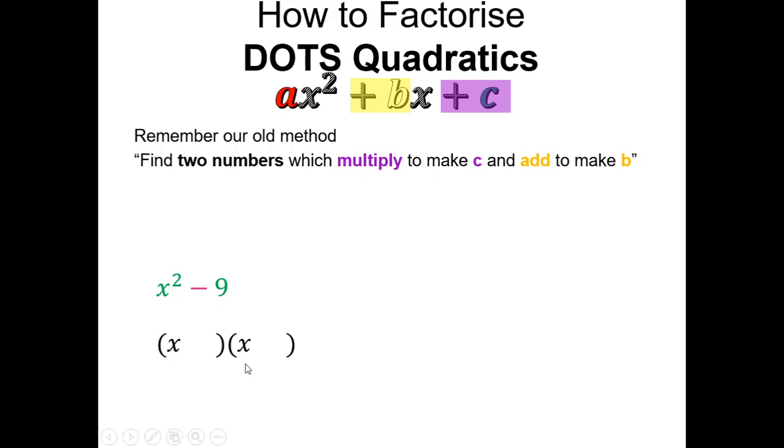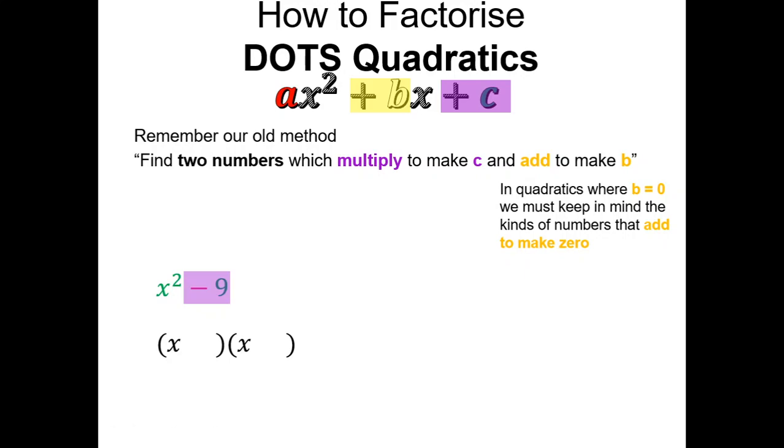But multiply to make c and add to make b, when c, the number term, is negative 9, and there is no b. b is gone, which means b is 0. In a quadratic where b is equal to 0, we have to keep in mind the kinds of numbers that add to make 0. What kinds of numbers add to make 0? Two positive numbers, a positive and a negative, two negatives? They must be the same number, but one positive and one negative. That's the only way they're going to add to make 0.